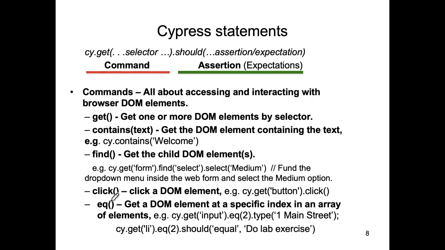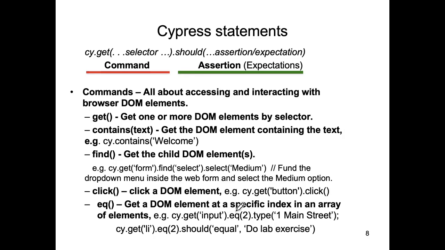That becomes useful when, for example, cy.get returns an array of elements. So the EQ, I'm saying here, gets a DOM element at a specified index in an array of elements. So if we look at the example, cy.get input, let's assume there are multiple text boxes currently displayed on the browser's web page, and we want to get the third text box.